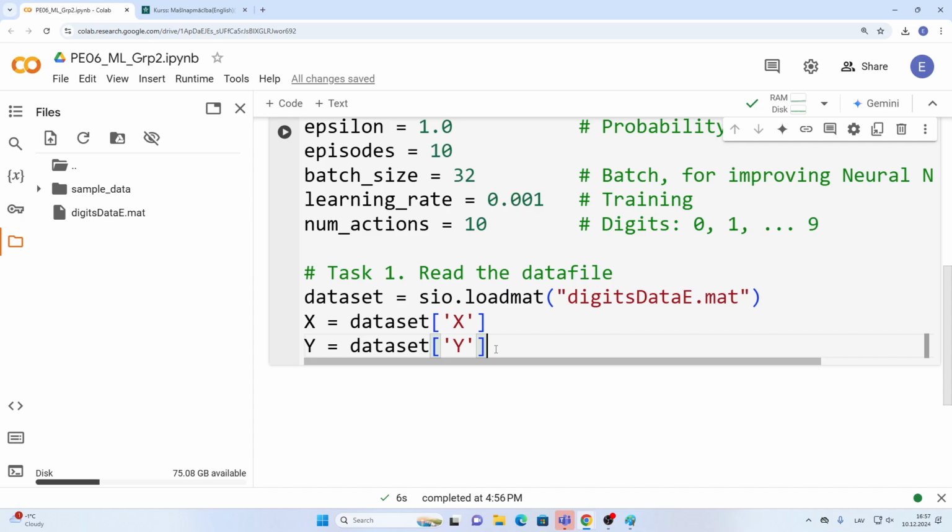Now, after we have read the data set, each picture there has dimensions 20 by 20. They are now unwrapped into a single vector, which is 400 pixels. We want to make it easier for our algorithms to work with, because not all of these pixels are actually important.